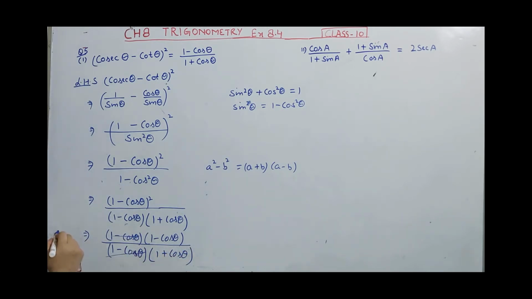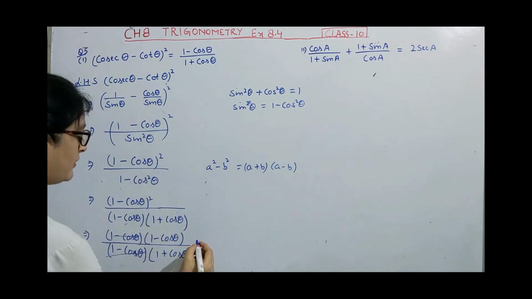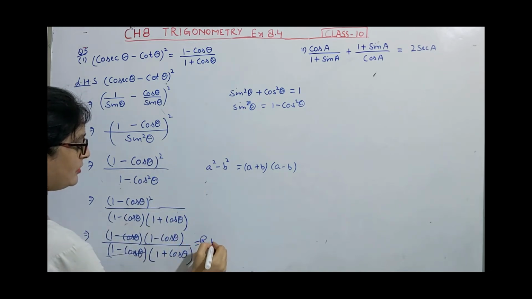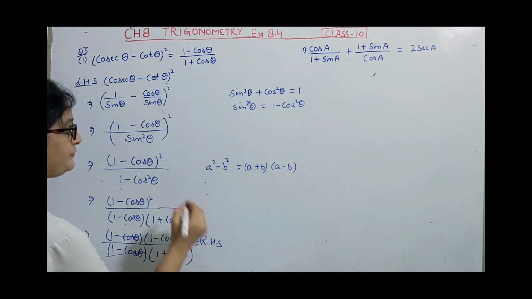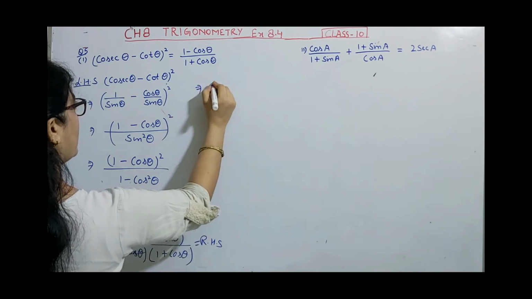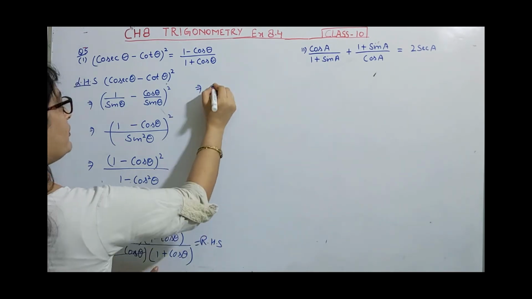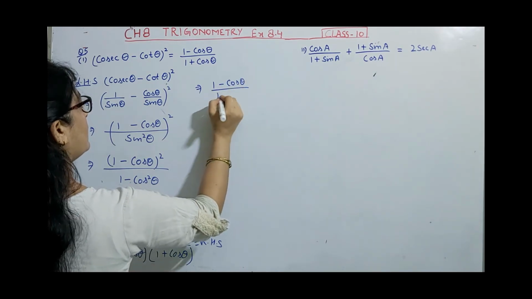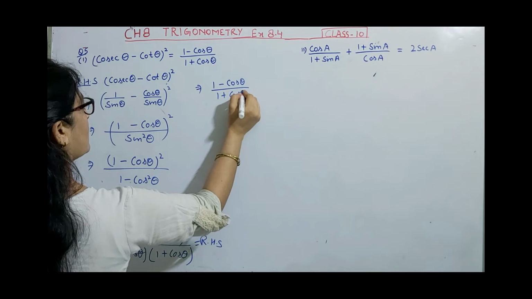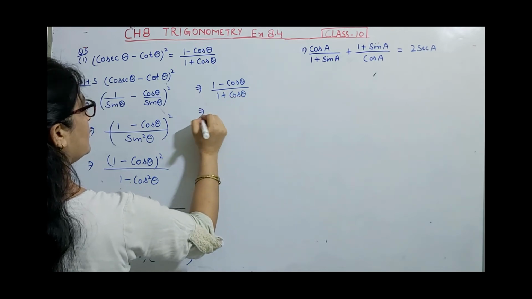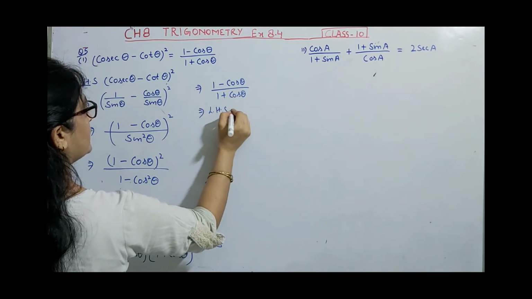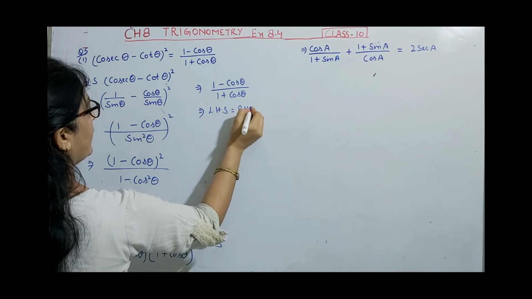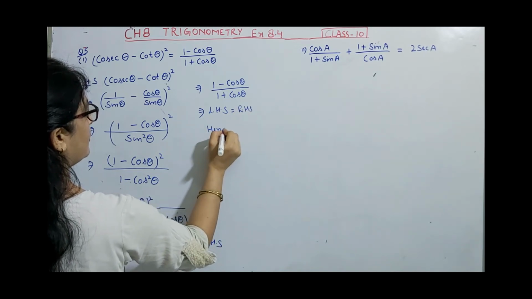This term cancels and we have left (1 minus cos theta) divided by (1 plus cos theta). This is our right hand side. So it is proved. Therefore what we have left is (1 minus cos theta) divided by (1 plus cos theta). So left hand side is equal to right hand side. Hence proved.